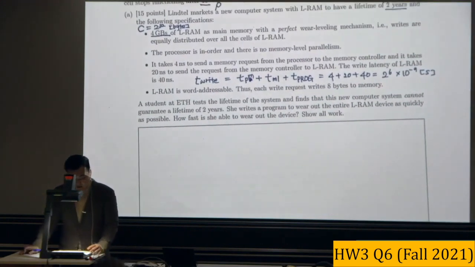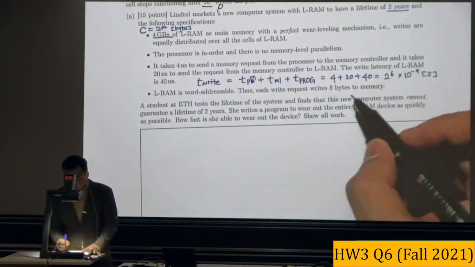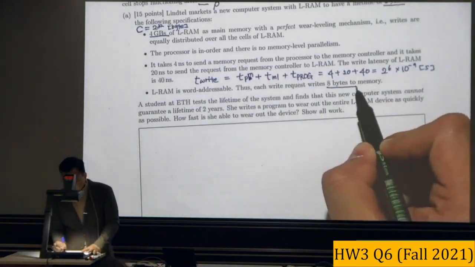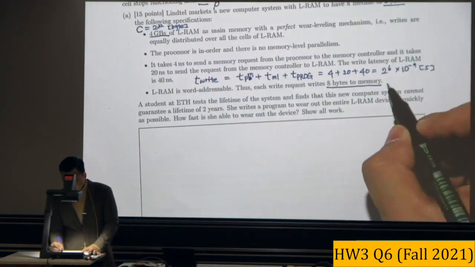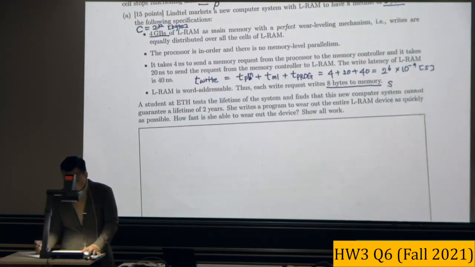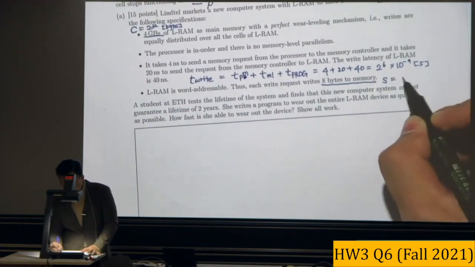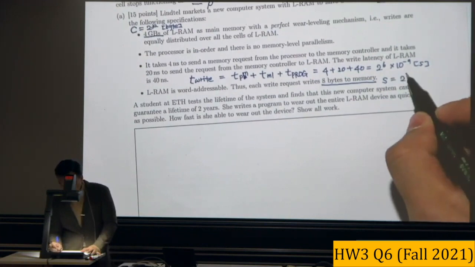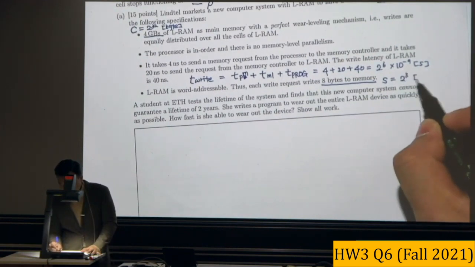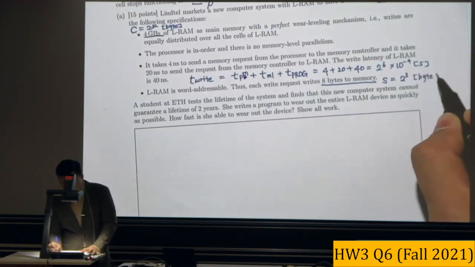And LM is word addressable, thus each write requires the size of 8 bytes to memory. So there is another important value here. I will put this as S. The size of a request is 8 bytes, meaning 2^3 bytes.